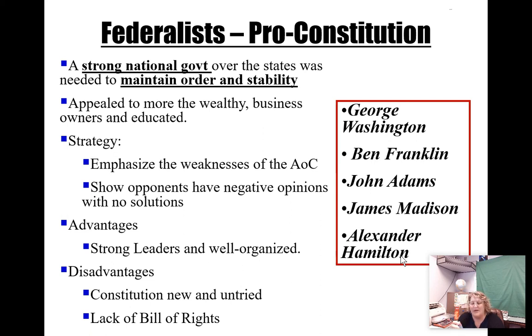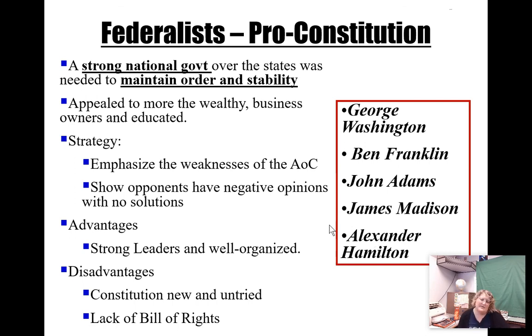It ended up with Hamilton writing about 50 of 80 total Federalist Papers. So Alexander Hamilton did the bulk of explaining. James Madison was second. He wrote about 25. I can't remember the exact number, but around 25 of the Federalist Papers were written by James Madison. And then we had John Jay, who wrote 5 of them.